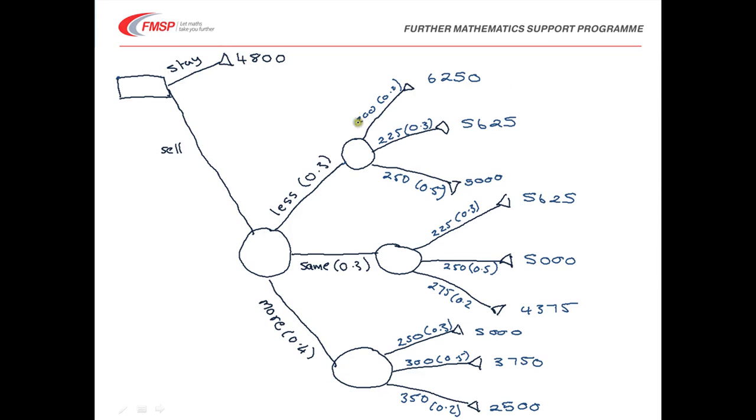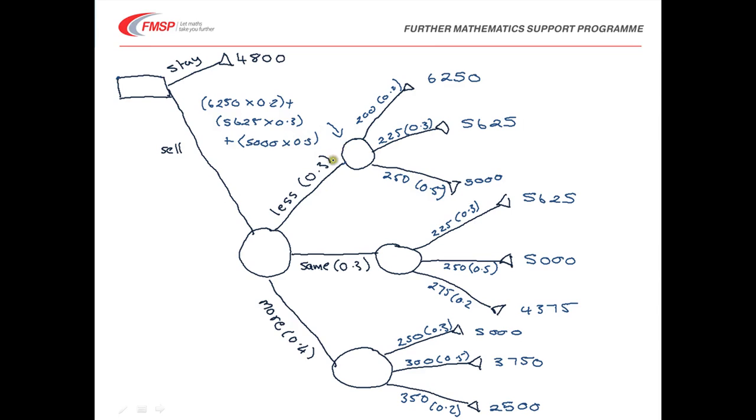So working these out, I'll just do the top one. I'll write out the top one as the example. That's going to be 6250 multiplied by 0.2 plus 5625 multiplied by 0.3 and 5000 multiplied by 0.5.